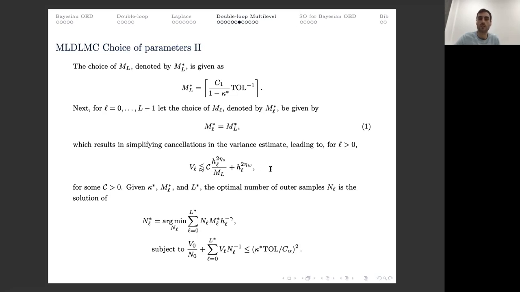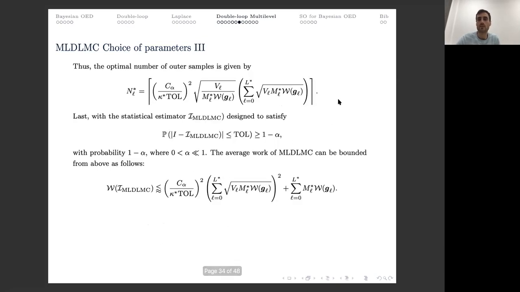So the VLs, the upper bound is related to H to the strong convergence rate and H to the weak convergence rate. And then with these parameters, we can optimize the problem with respect to only NL. And what we get is something pretty similar to the classical multi-level Monte Carlo estimator.